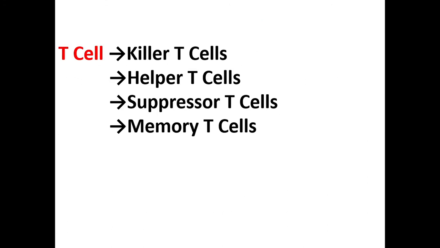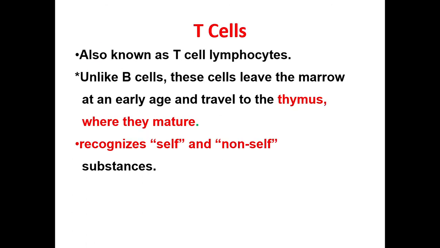The T cells or the T lymphocytes are classified based on their function. We have the killer T cells, the helper T cells, the suppressor T cells, and memory T cells. As mentioned, the T cells are also known as T lymphocytes.